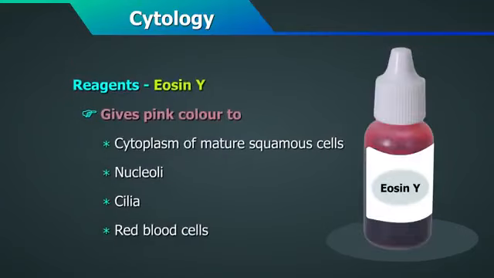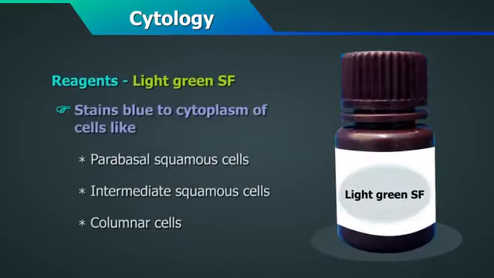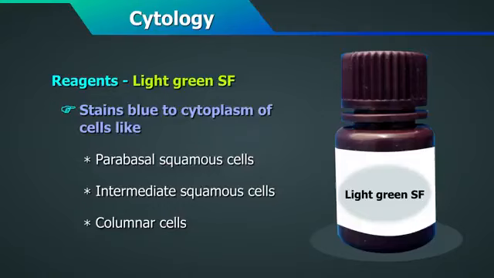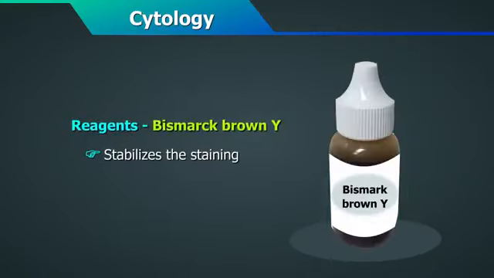Eosin Y gives a pink color to cytoplasm of mature squamous cells, nucleoli, cilia, and red blood cells. Light green SF stains the cytoplasm blue in metabolically active cells like parabasal squamous cells, intermediate squamous cells, and columnar cells. Bismarck brown Y stains nothing but stabilizes the staining.